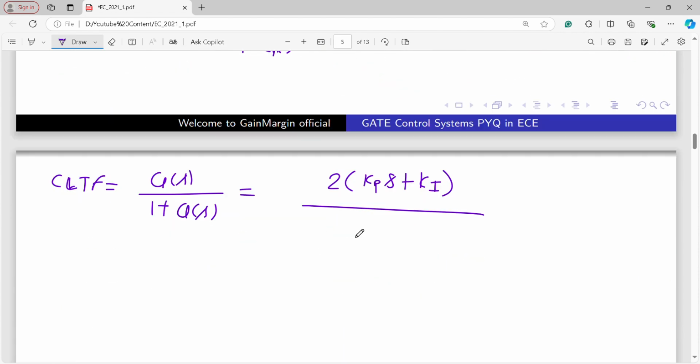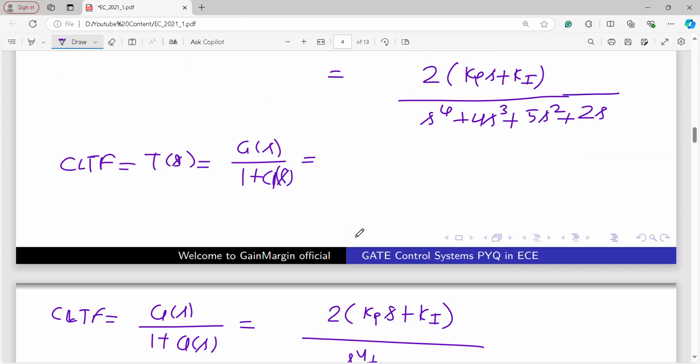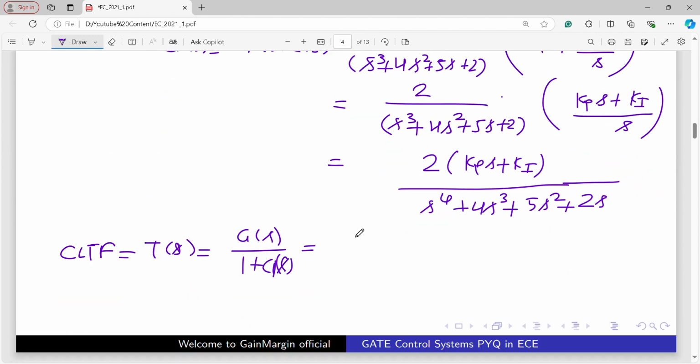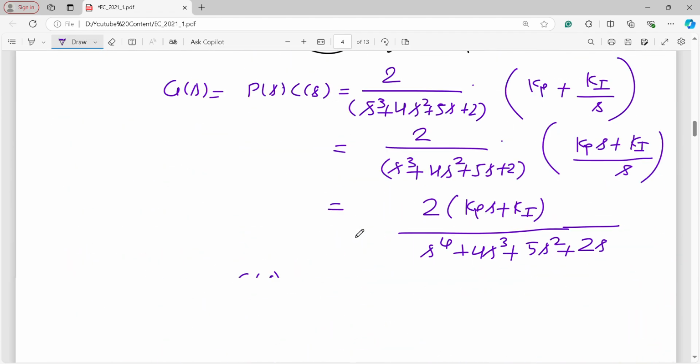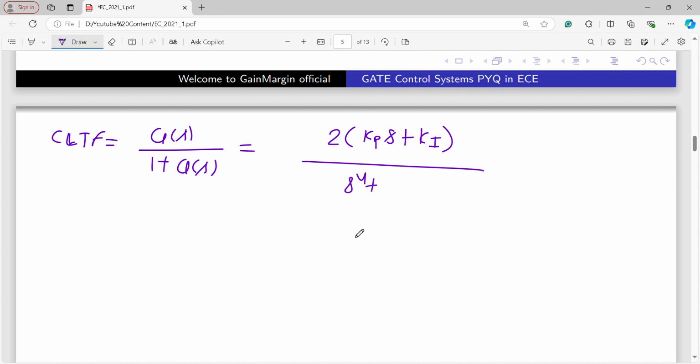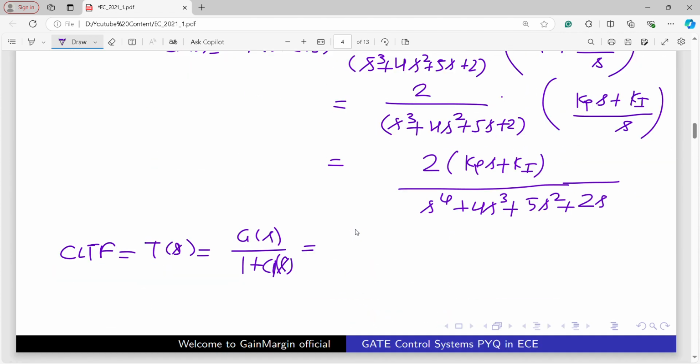by s power 4 plus 4s cube plus 5s square plus 2 into s. Okay. All right.